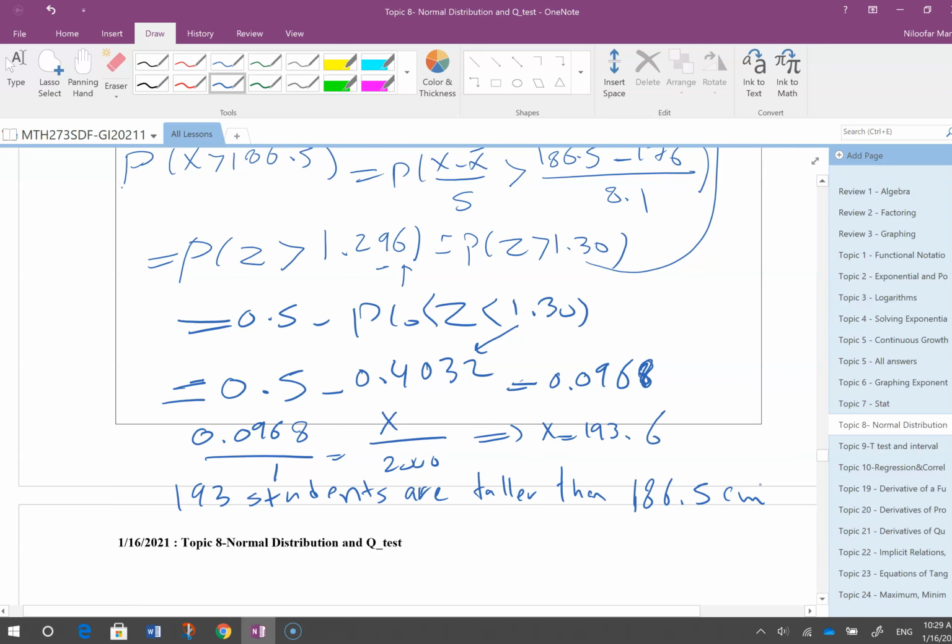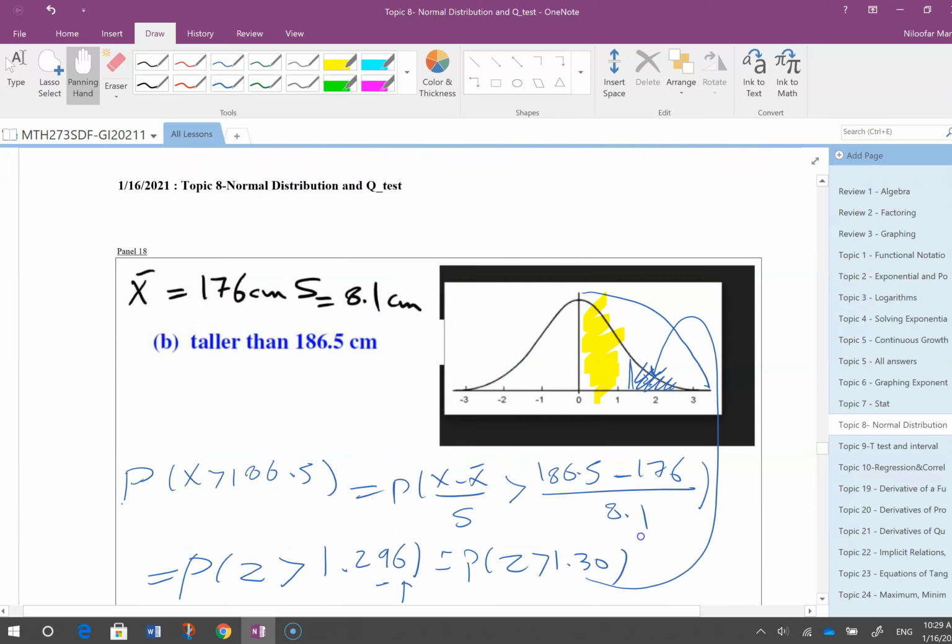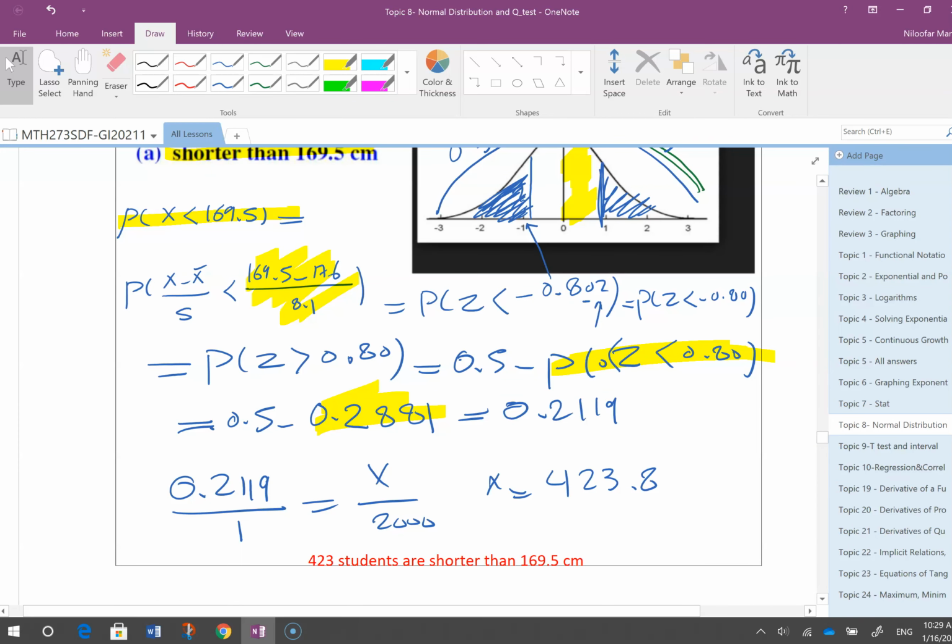Okay, so I try to reach myself to that positive part, because I can use the table.